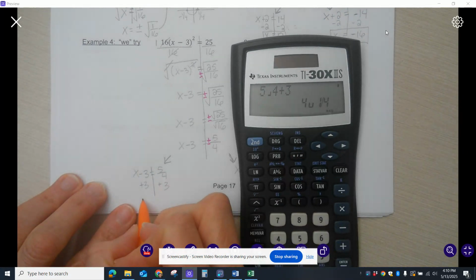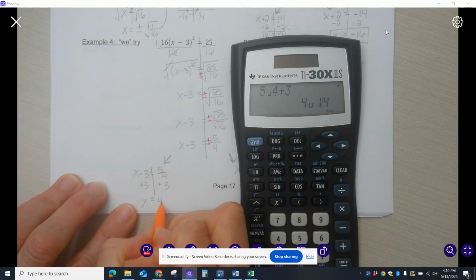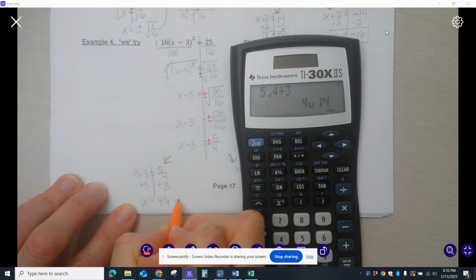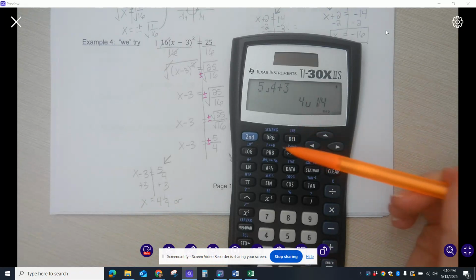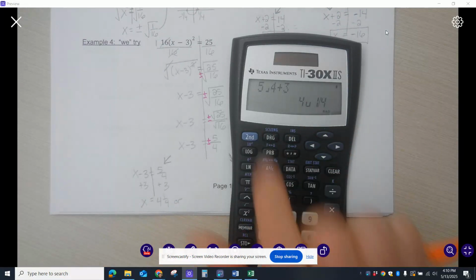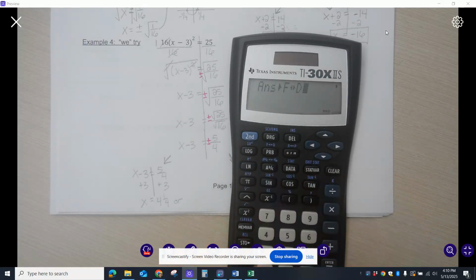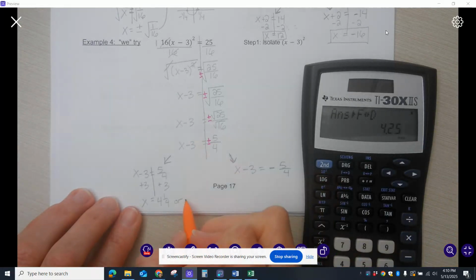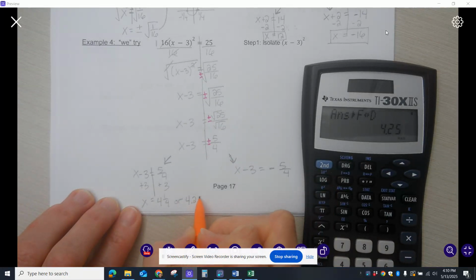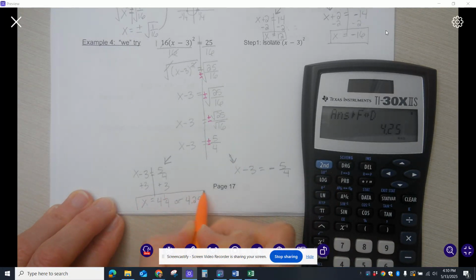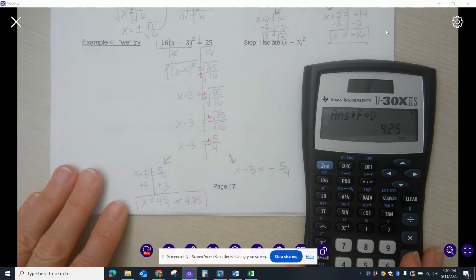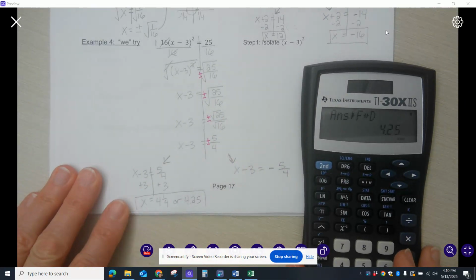So that is one answer. 4 1/4, or we can turn that into a decimal. See this right here? Fraction decimal. If we do that, it is the same as 4.25. Okay, that's fine. Either one of those answers are fine.